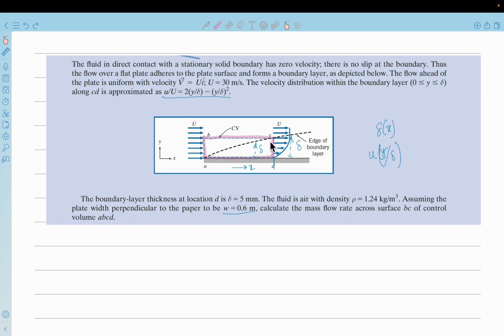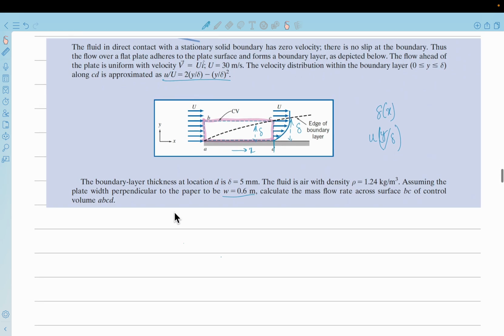And if there is any imbalance between what comes in through this control surface and what goes out of this control surface, then either the density here will change, or the fluid has to move out of the control surface BC.